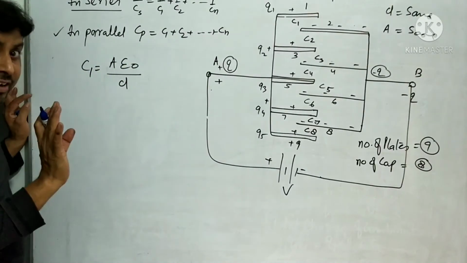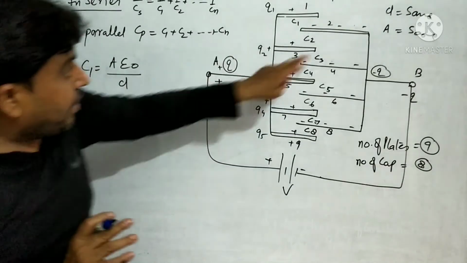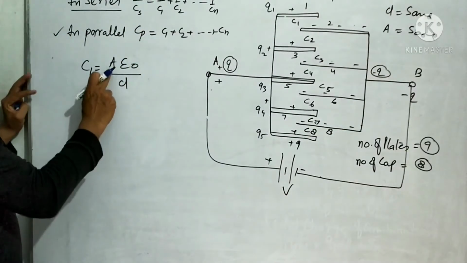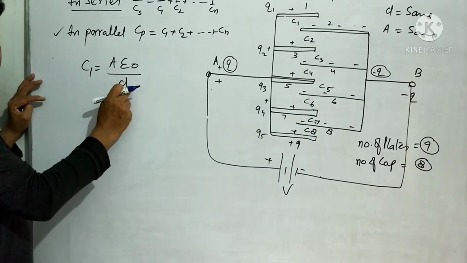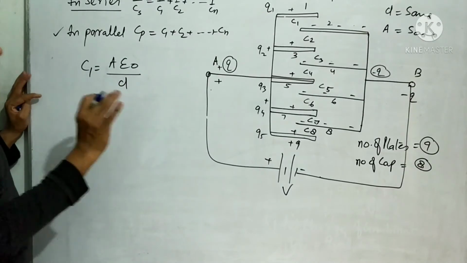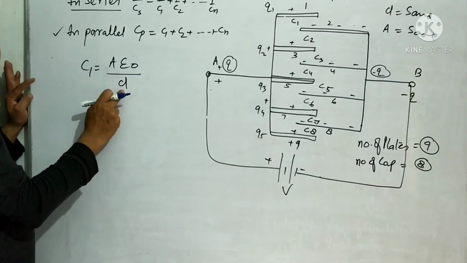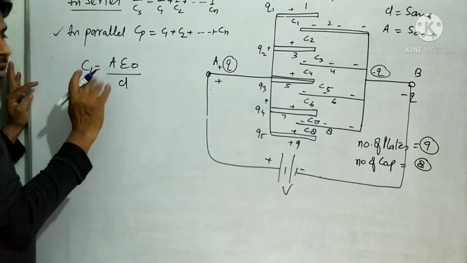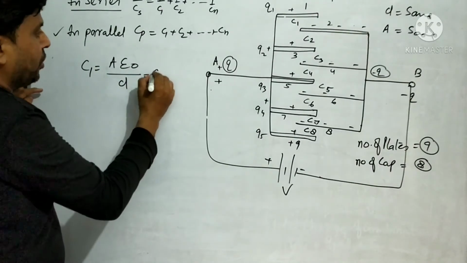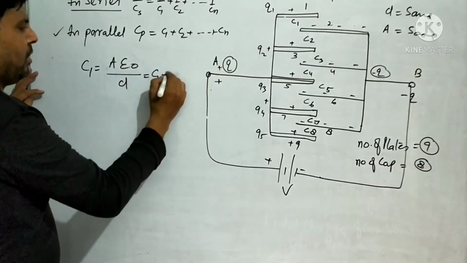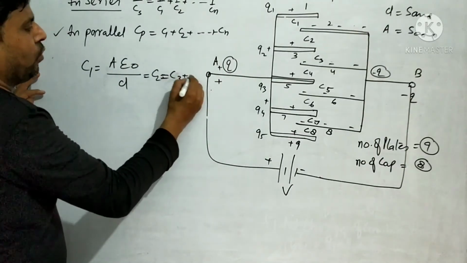Is it clear? If they are different, D1, A1, D2, A2, then we can write A1 upon D1 and so on. But I have taken the same area and same distance, so the same capacitance for each: C2 equal to C3, and so on.